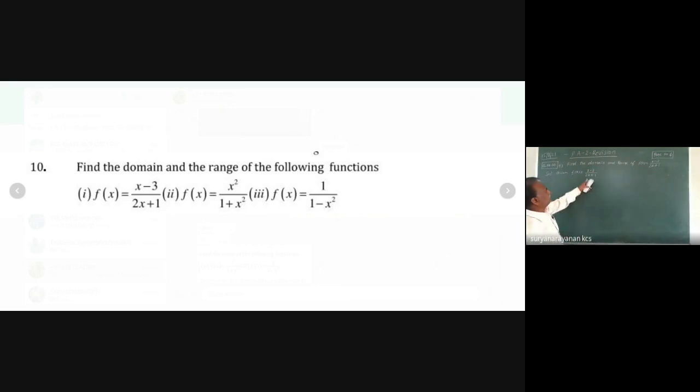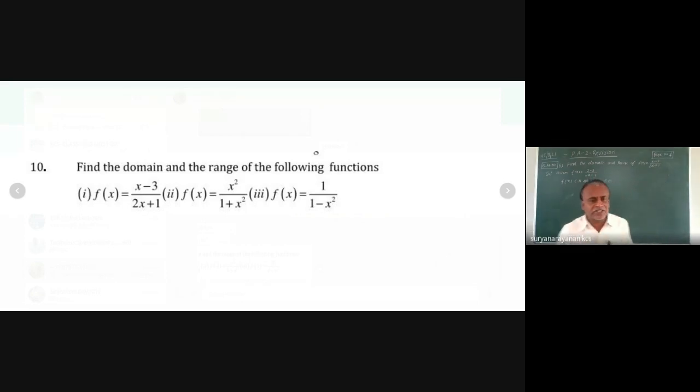In that case, to find the domain, denominator should not be equal to 0. F of x belongs to R. If this denominator is equal to 0, the function is not defined. It is not a real number. So, denominator should not be equal to 0.